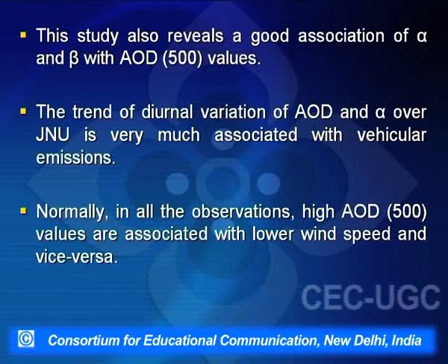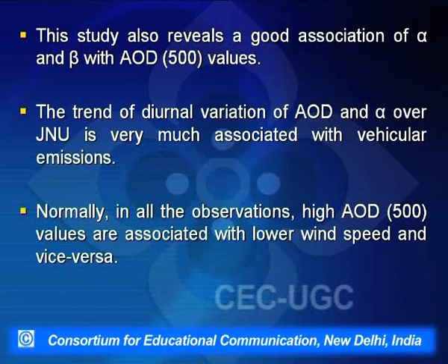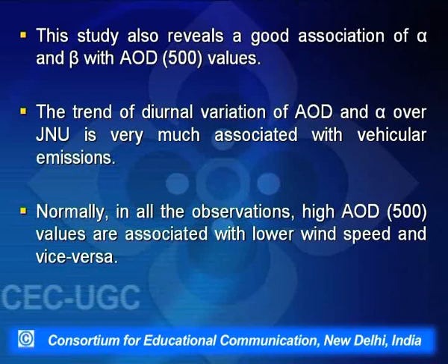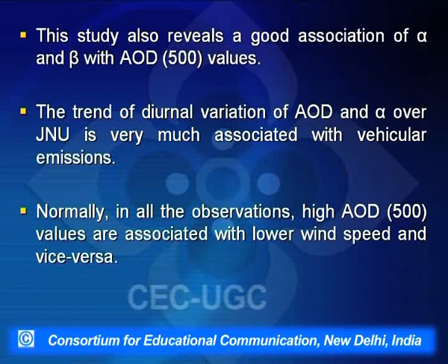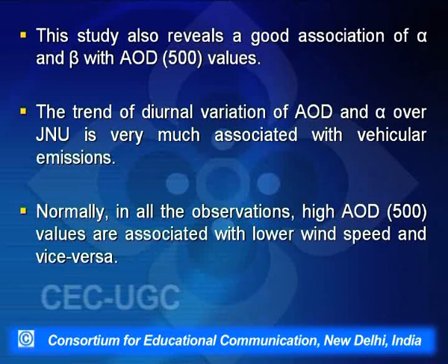This study also revealed a good association of alpha and beta with AOD 500 values. The trend of diurnal aerosol variation of AOD and alpha over JNU is very much associated with the vehicular emission. Normally, in all the observations, high AOD 500 values are associated with lower wind speed and vice versa.